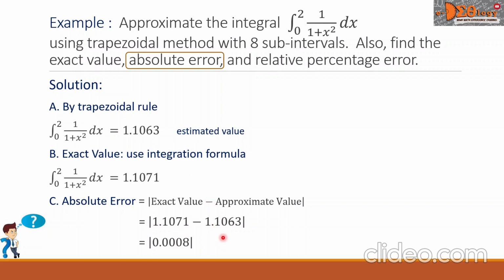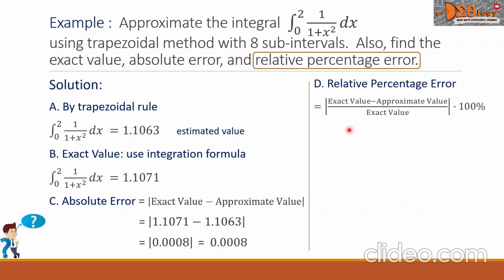When we get the difference, the answer is 0.0008. And the absolute value, simply we remove the symbol. So the absolute error is 0.0008.